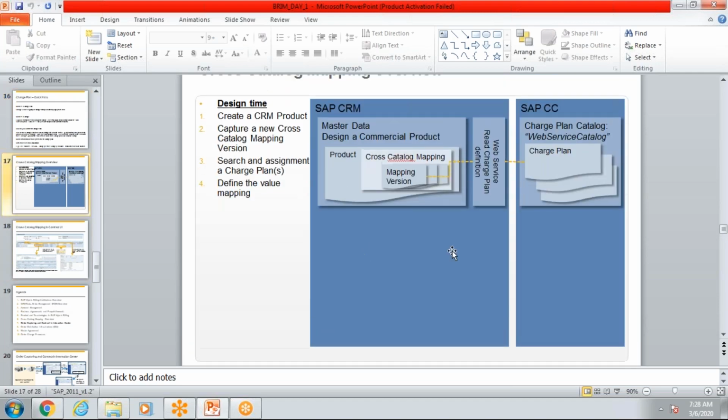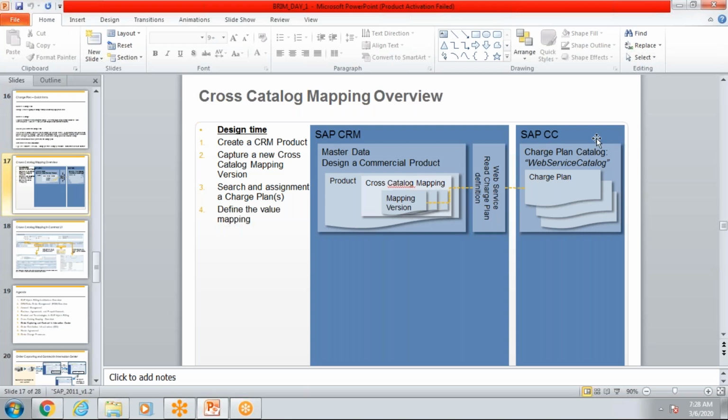So this is the convergent charging system. The charge plan will be created in CC and it will flow to the CRM product through web services. This is the CRM product data, and in the product the assignment block will be cross catalog mapping, and in cross catalog mapping we will have a mapping version.